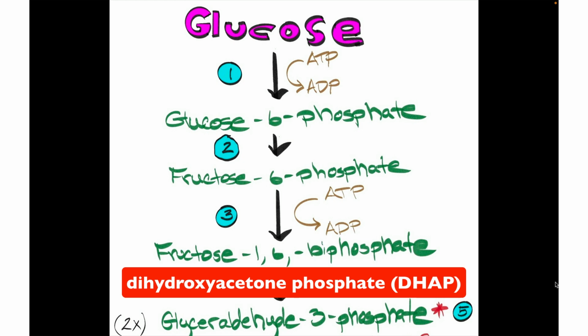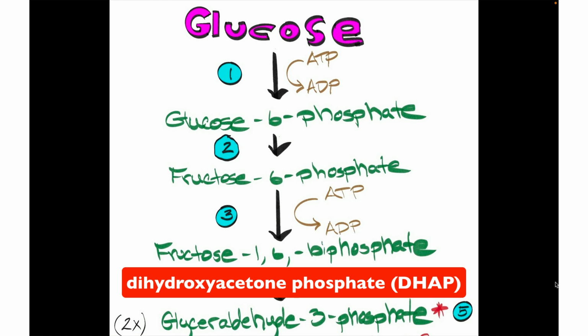Glyceraldehyde 3-phosphate is the isomer that is going to proceed through glycolysis. It is not the DHAP molecule, but that's why I have the 5 over here, because the 5th step is where it changes forms from glyceraldehyde 3-phosphate to dihydroxyacetone phosphate back and forth.